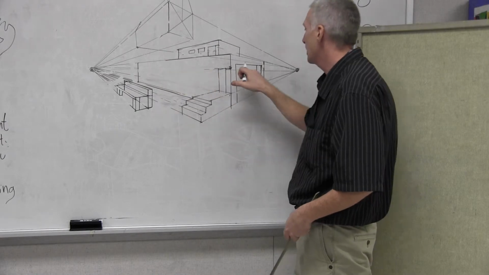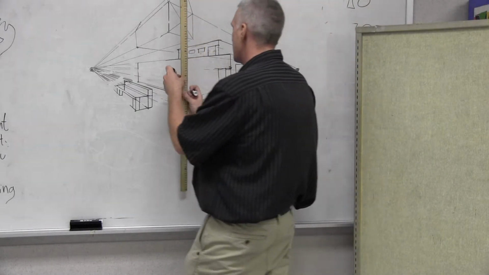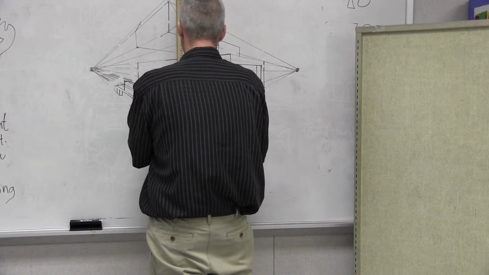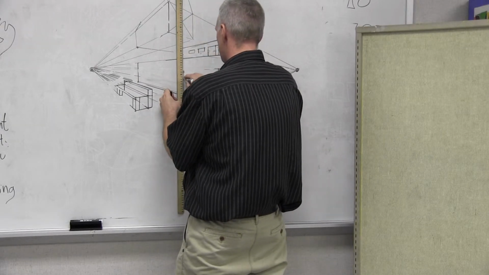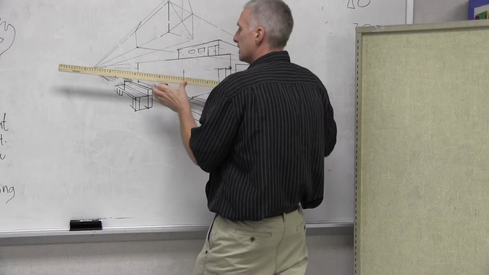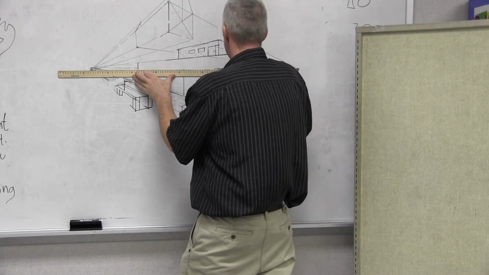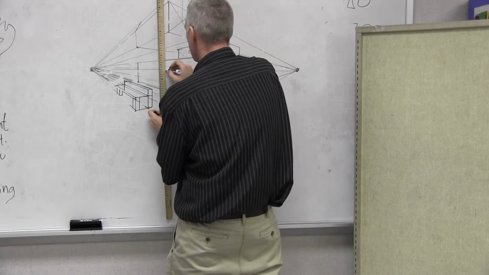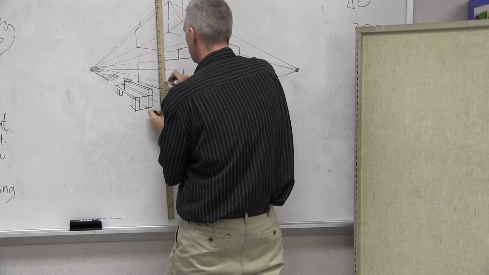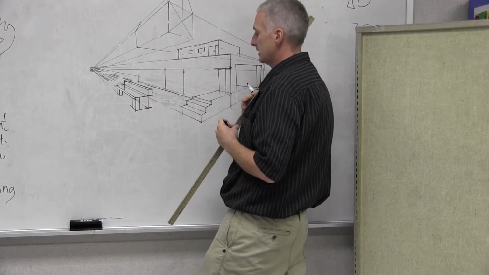Oh, let's do another couple more garage door bays on this side. There's vertical. There's the top of the garage. I'll do one here. There we go. Maybe a street level door. Okay.